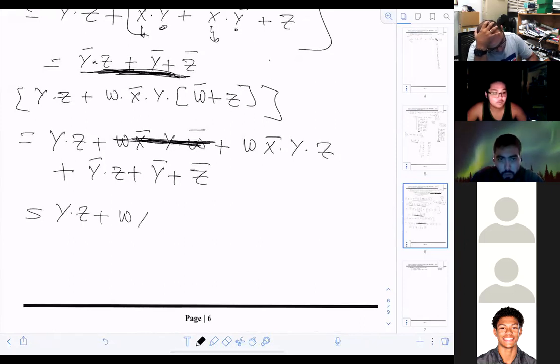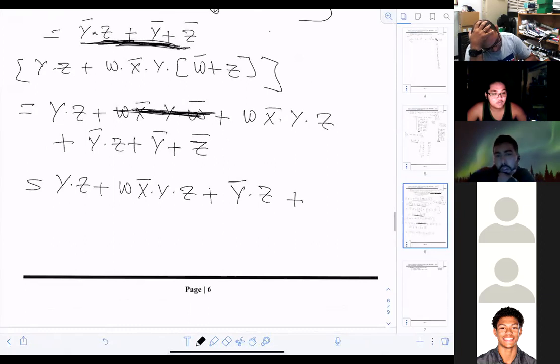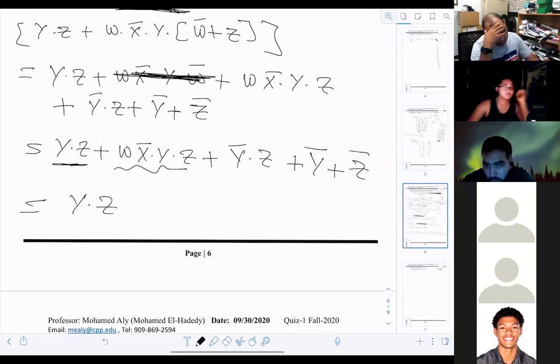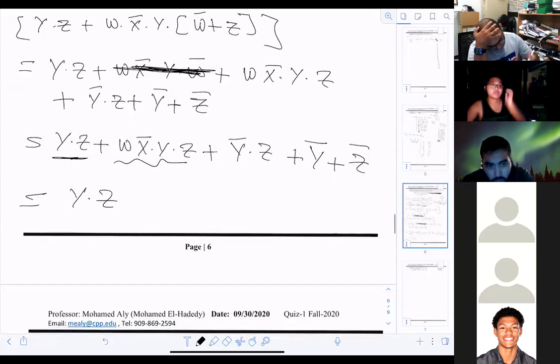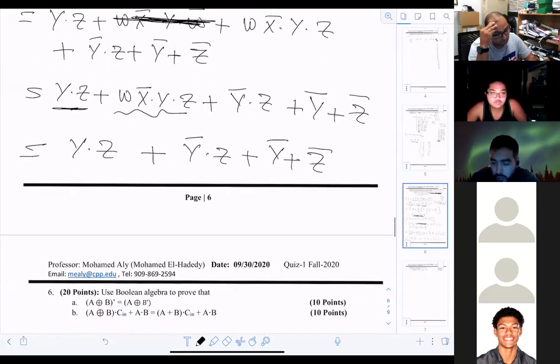Say Y Z is W, X, Y, Z. Then Y complement Z. Then Y complement Z complement. Right? Now we need to do some tricks. So these two will bring me Y, Z. Then we have Y complement Z. Then we have Y complement, we have Z complement. Do you understand what I did or no?